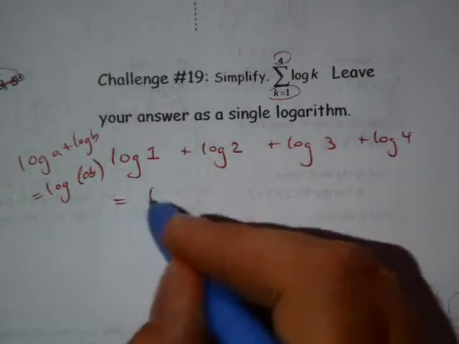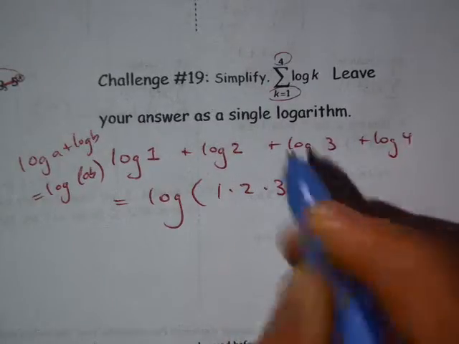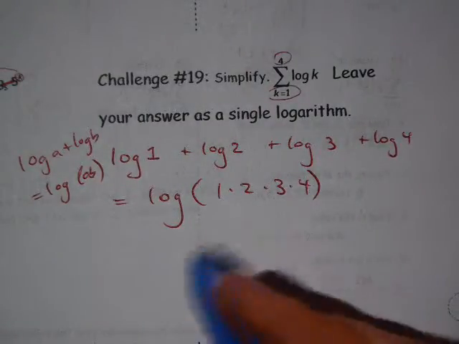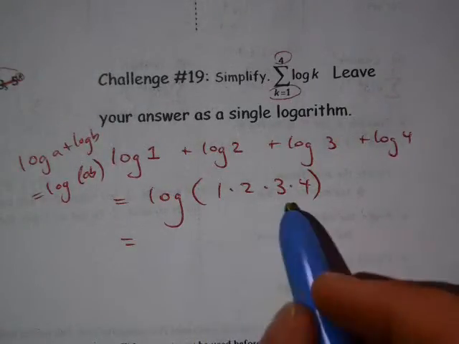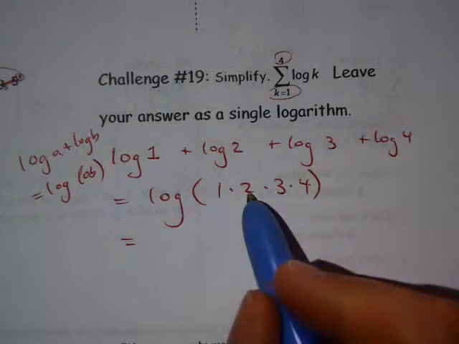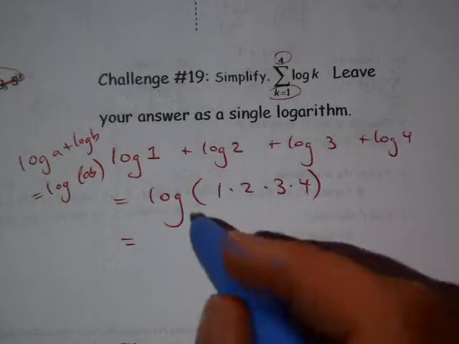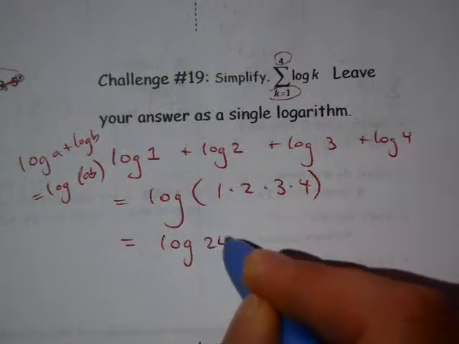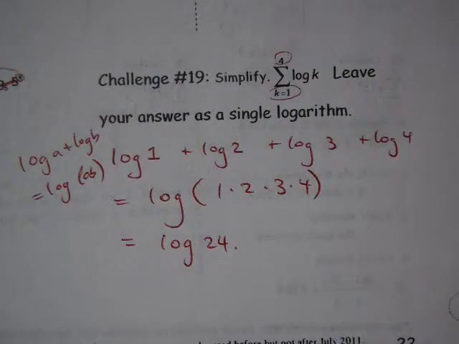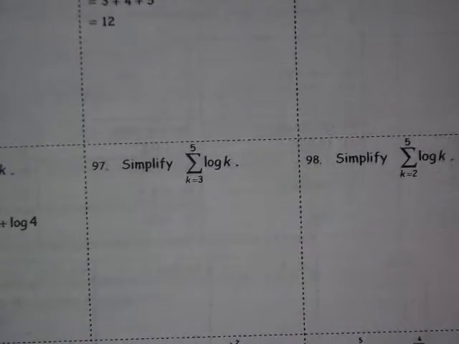So this is going to be log ABCD, or 1, 2, 3, 4. 1 times 2 is 2, times 3 is 6, times 4 is 24. So it's log 24. Okay. Is that doable? You've got one page to go. Let's give it a whirl.